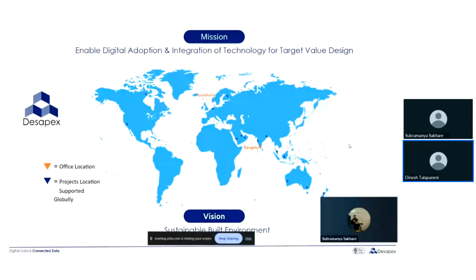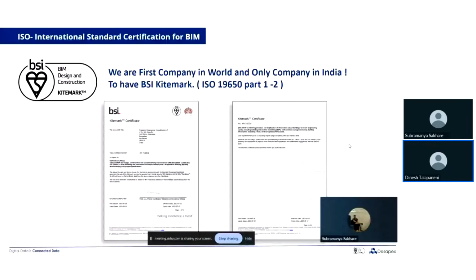This is something very special and unique: the ISO International Standard Certification for BIM. We are the first company in the world, and the only company in India still, to have the BSI Kitemark. ISO 19650 is a global BIM standard. We were the first company to get this audited, and we were certified with the BSI Kitemark back in 2019.